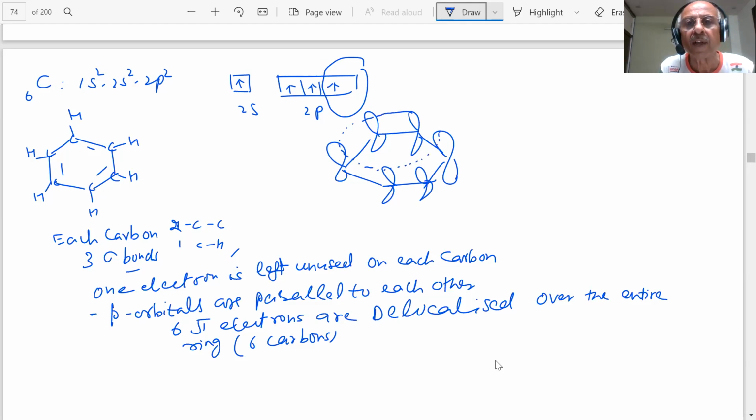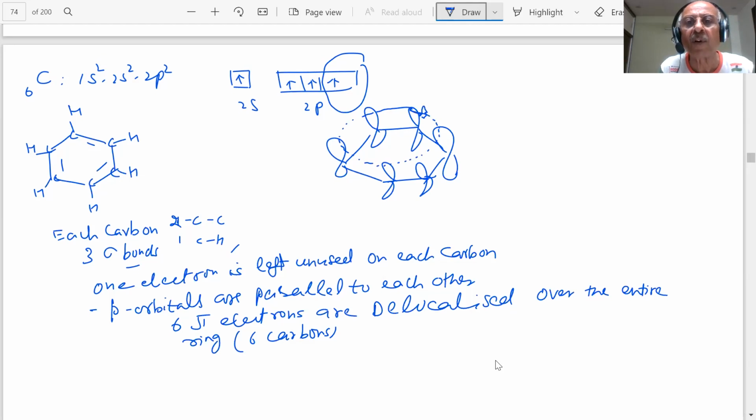They are now present over the entire ring, on all the carbons. When the electrons get delocalized, they are moving on all the carbons. It's not that they are present on carbon 1 and 2 or carbon 4 and 5. They are present on all the 6 carbons.